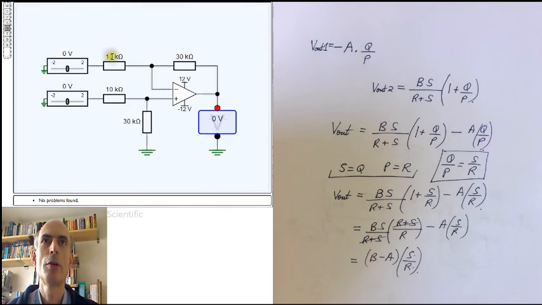Once again, we can see it working in the simulator. If both inputs are the same, the output is 0. If this input is above this input, then the circuit here is calculating 3 times this voltage minus this voltage, which is 3 times 0 minus 2, which is minus 6.